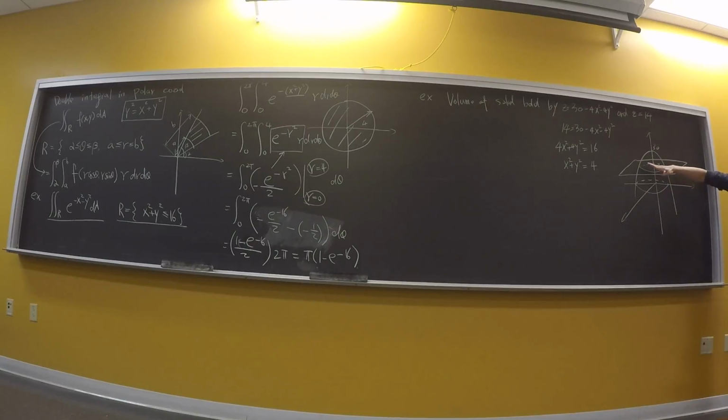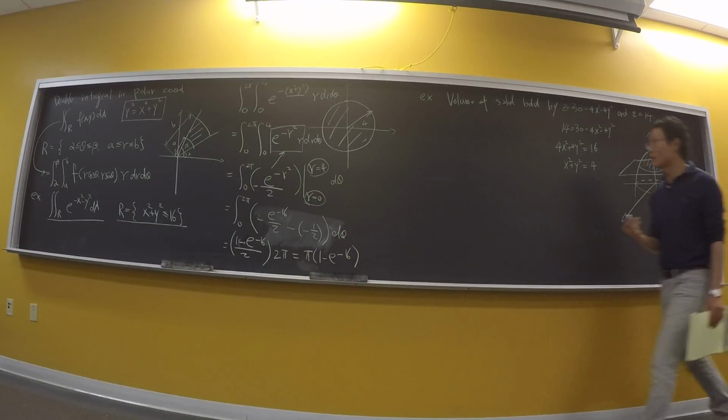As long as I have the sketch of these two surfaces, I know the solid I'm supposed to compute the volume for is bounded between these two. So it's above the plane and bounded by the paraboloid. This is the solid I want to compute the volume for. Regardless of what this region is, I can immediately write down the volume.